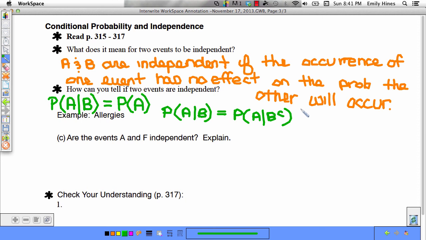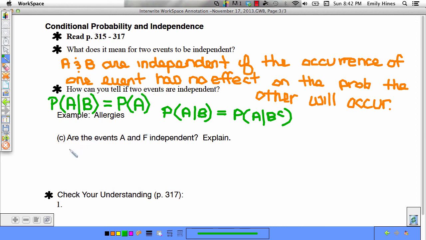It's basically saying that if one event happens, does it give us any kind of idea about the other? Does it change anything? So this wants to know if the events A and F from our last example are independent. Where A was that they have allergies, and F was that they were female.